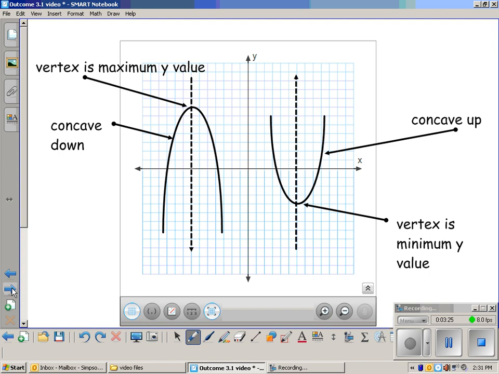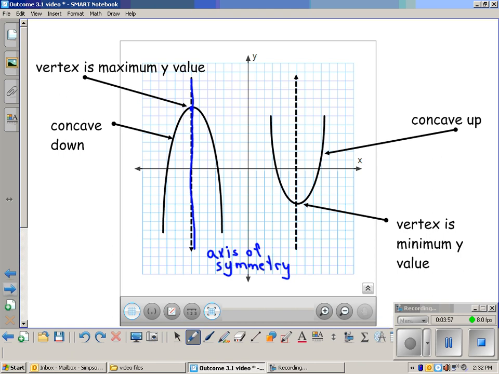We also have a line that is called the axis of symmetry. The axis of symmetry is the line that divides our parabola directly in half. We can find the equation of that line by looking at the x value that the graph goes through.